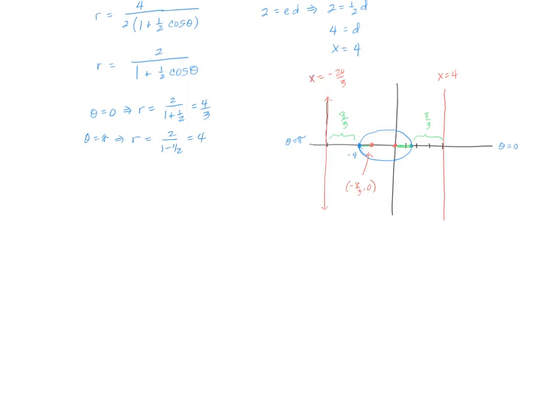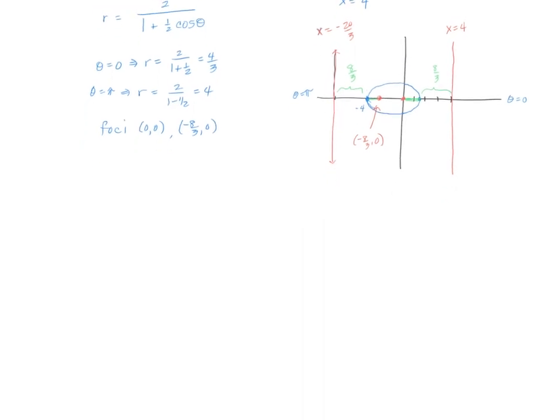I was supposed to find the vertices, foci, and directrices of this conic section. So my foci, we already were given that one of the foci has to be at the origin. So the other one we found was negative 8/3 comma 0.